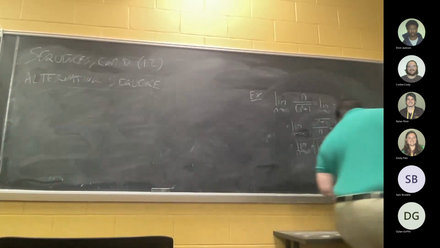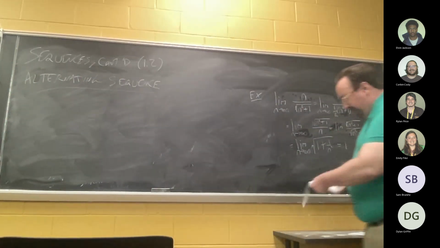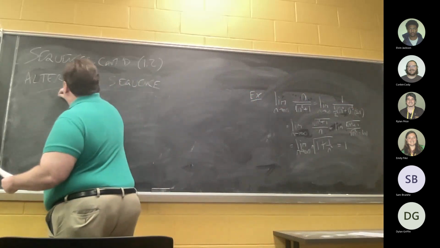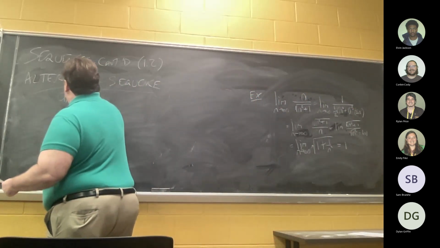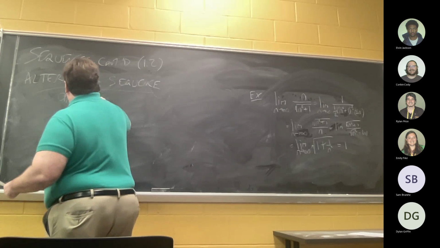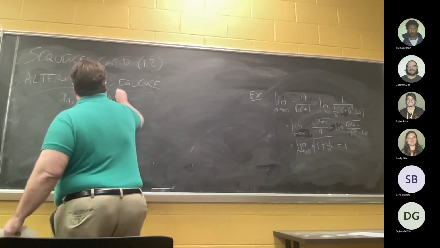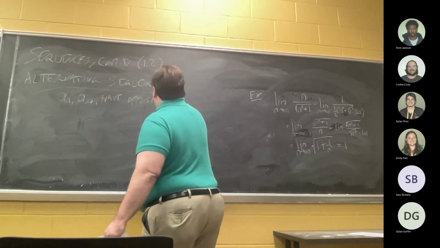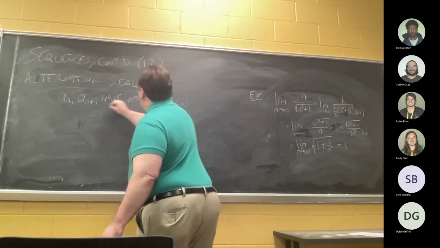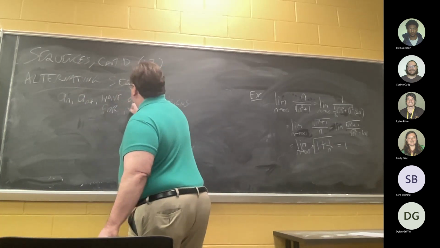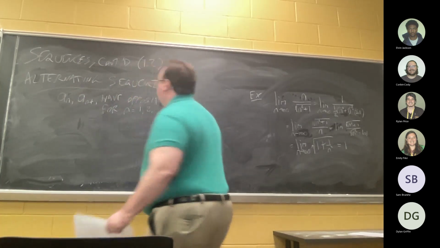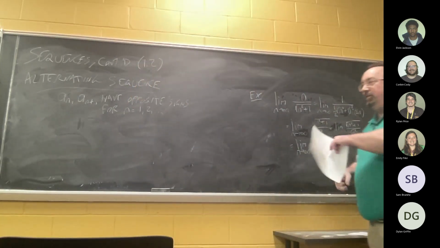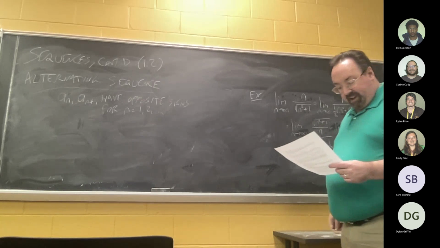So what is an alternating sequence? a_n and a_(n+1) have opposite signs. So you have positive, negative, positive, negative, positive, negative, all the way through a sequence off to infinity.